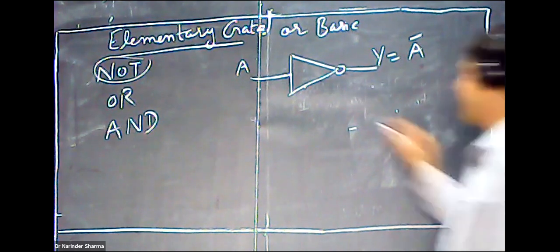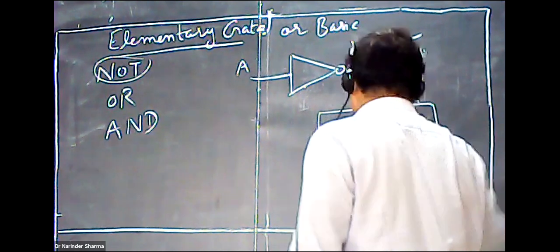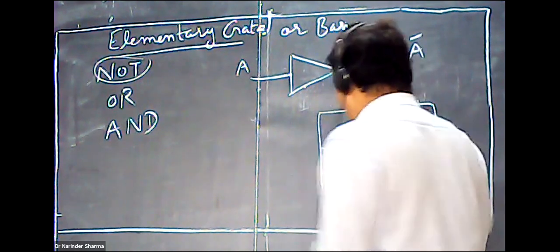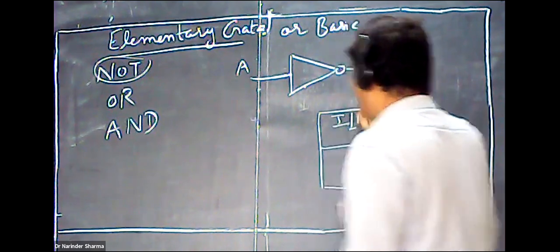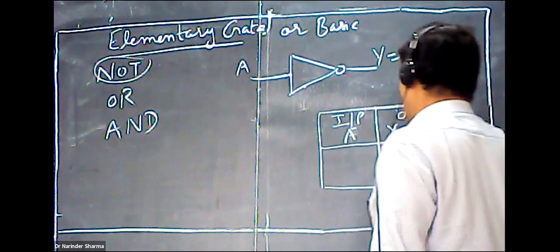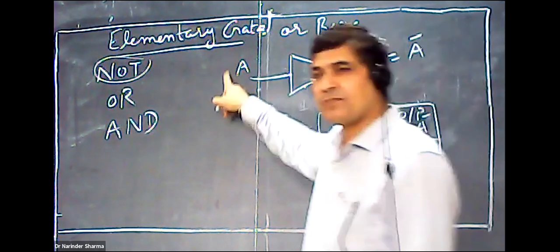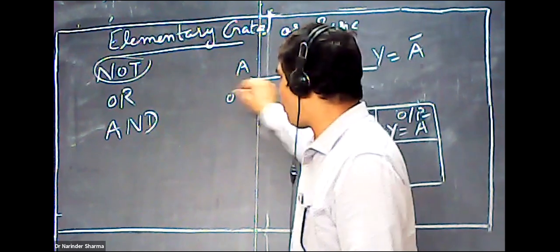Now, if we design the truth table, I told you that it defines the relation between the input and output. This is our input, this is our output. Input is A, output is Y equals A bar. A may have value 0 or 1.